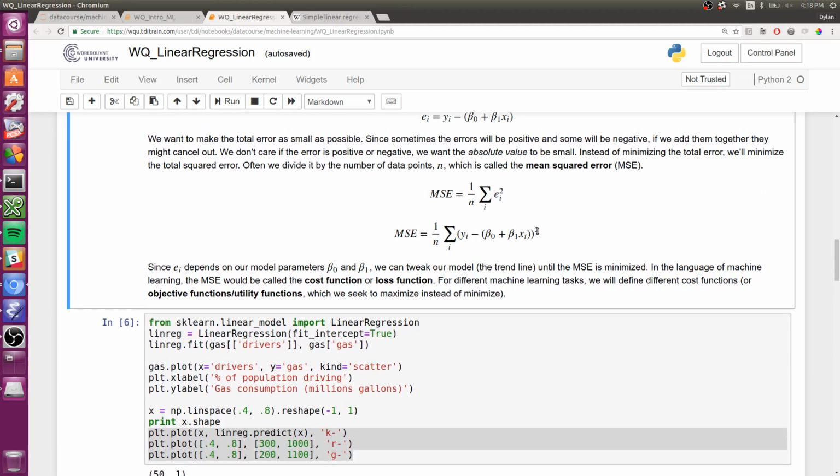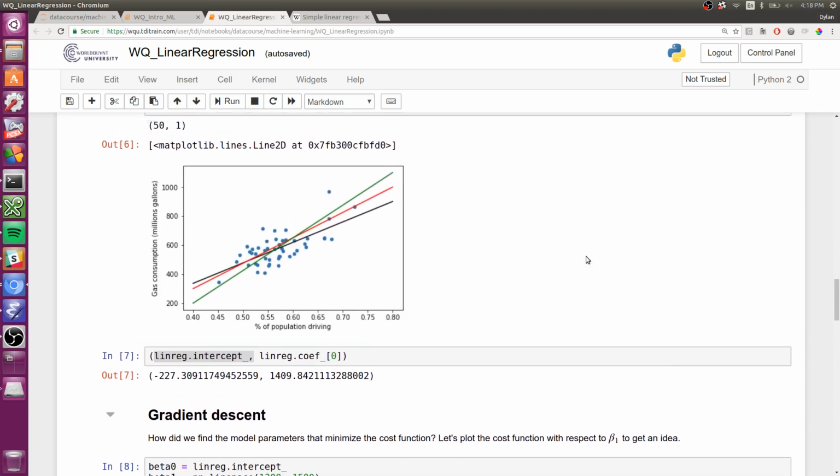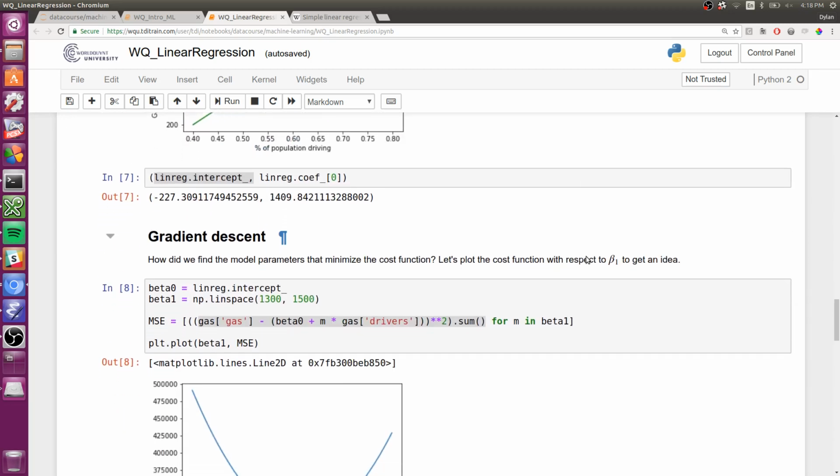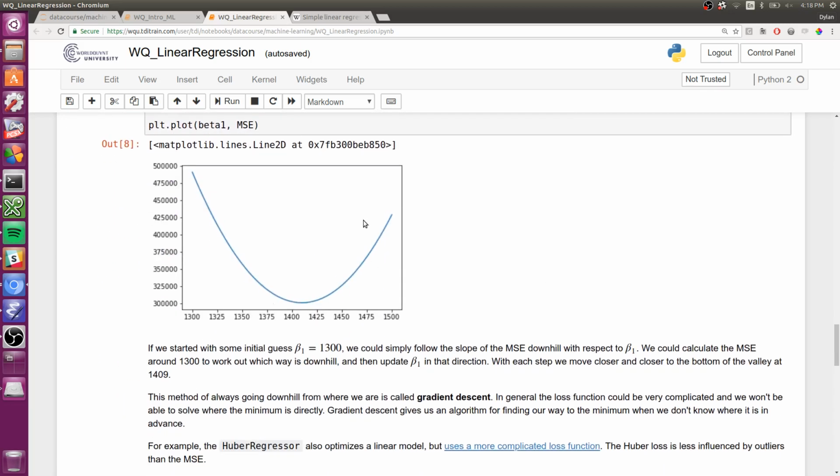We have the sum of a bunch of squared terms, and so it's not surprising we end up with a parabola in the end.